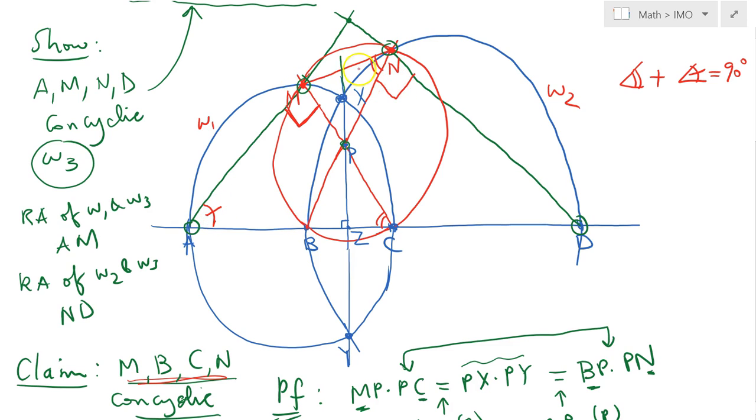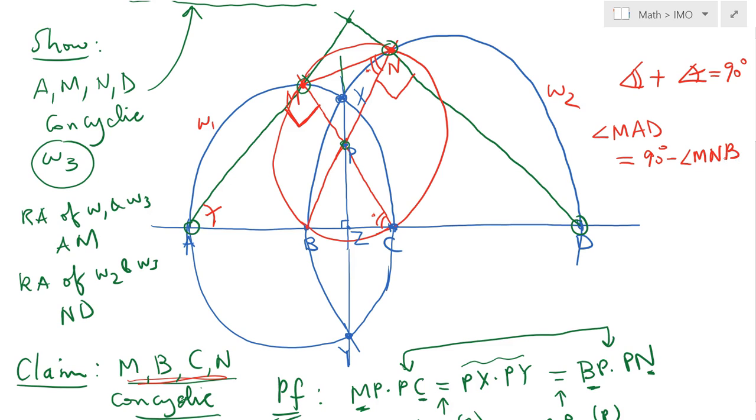So compare these two angles. Let's write those two angles again. Angle MAD is simply equal to, we agreed that it was 90 minus this angle here, which is the same as this angle. So it is 90 degrees minus angle MNB.